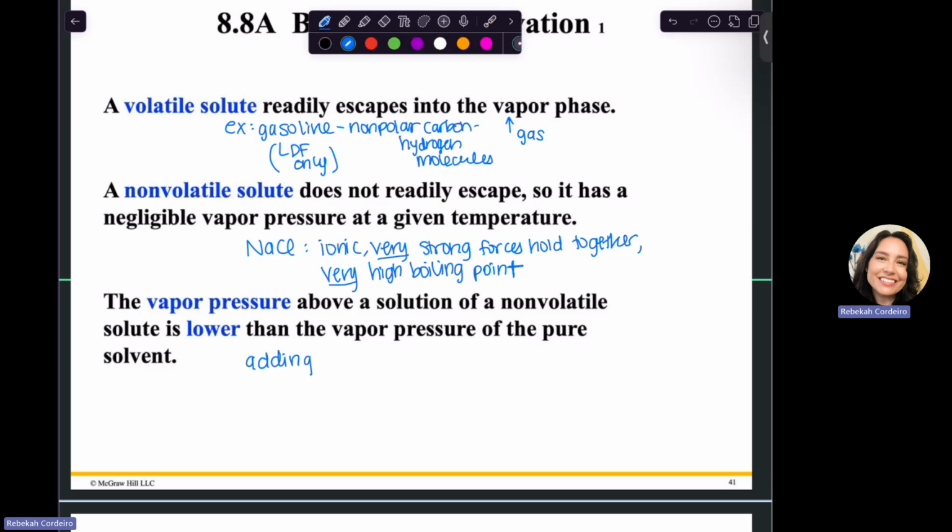So adding something like NaCl to water makes it harder for water to evaporate. So this lowers the vapor pressure because there's going to be less gas now.